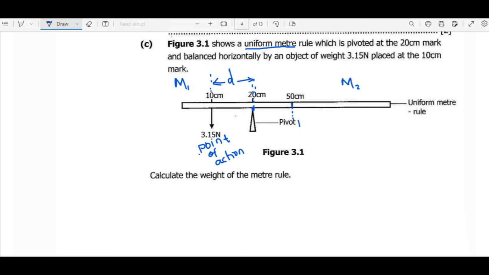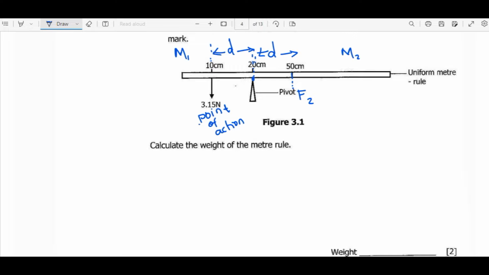So we'll consider this one as our force 2, and this one as distance 2. We know that moment 1 must be equal to moment 2 for this to balance. So force 1 times distance 1 is equal to force 2 multiplied by distance 2.